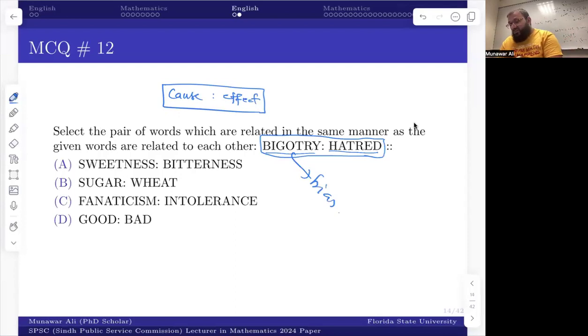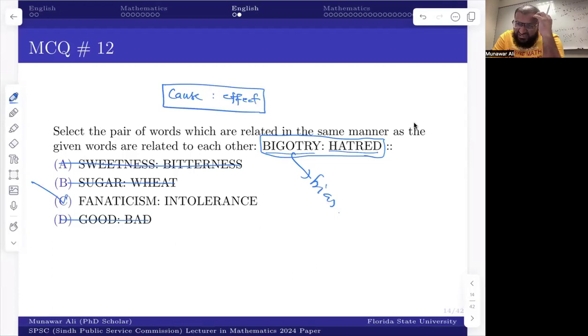Obviously, option A is not correct because sweetness is not a cause for bitterness. Option D is also not correct because good is not a cause of bad. So the option that remains is C.